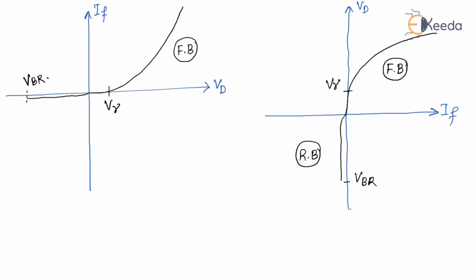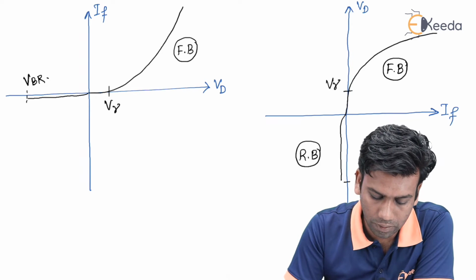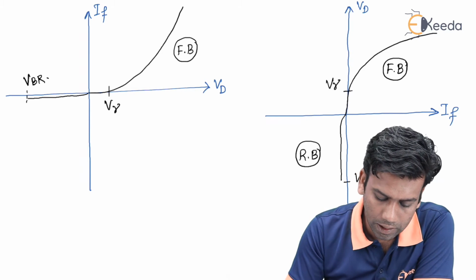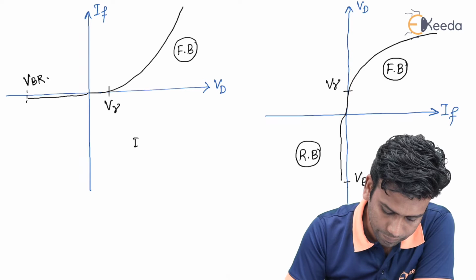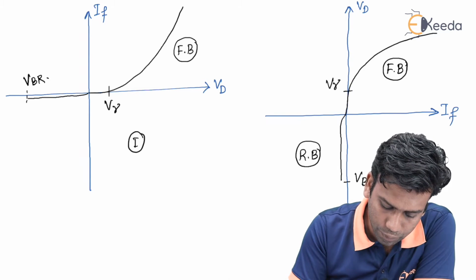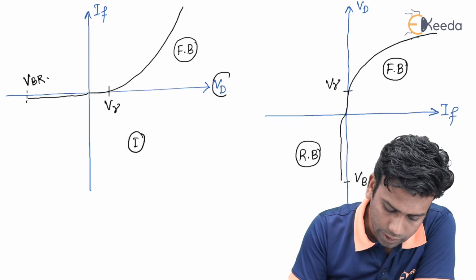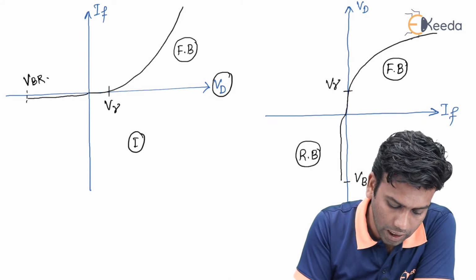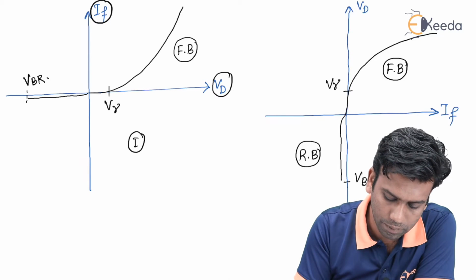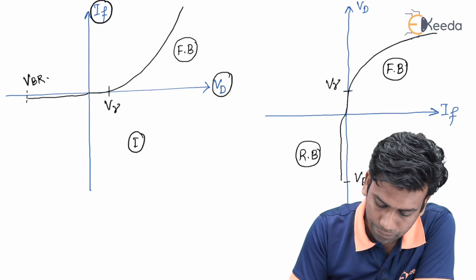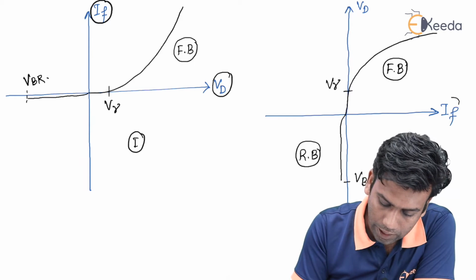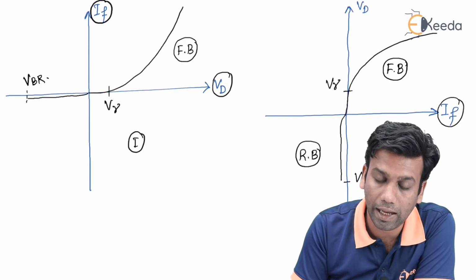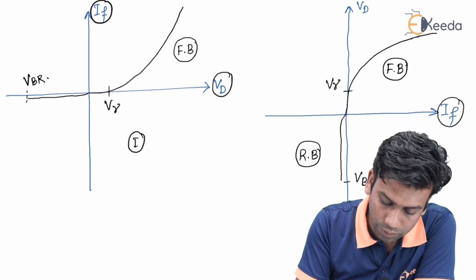So we can say that these two graphs are equivalent to each other, only the difference is that in the first graph we have put the VD, that is the diode voltage, in the x axis and IF in the y axis, but in graph 2 we have put IF in the x axis and VD in the y axis.